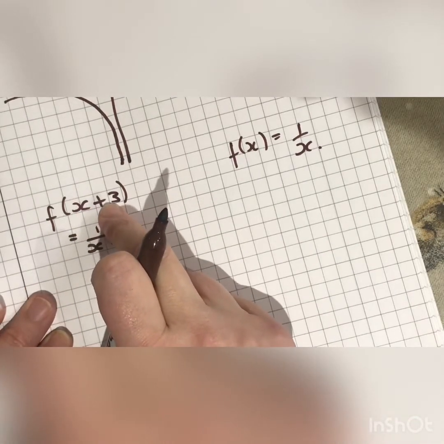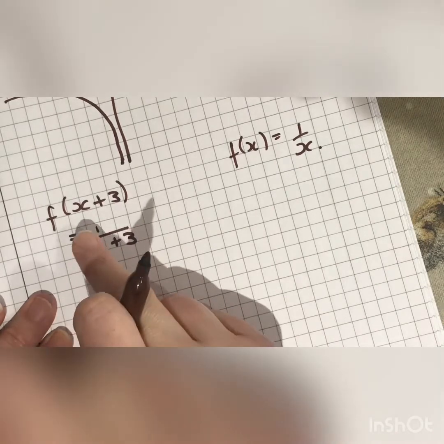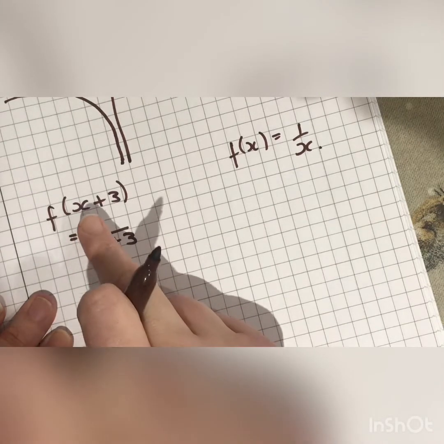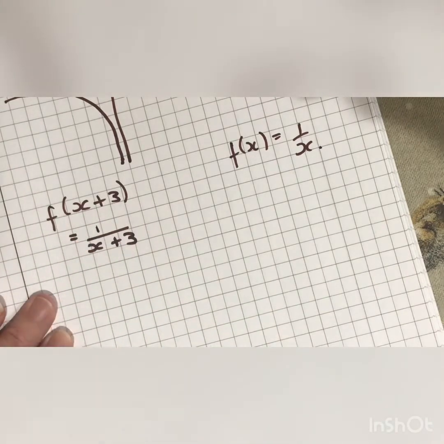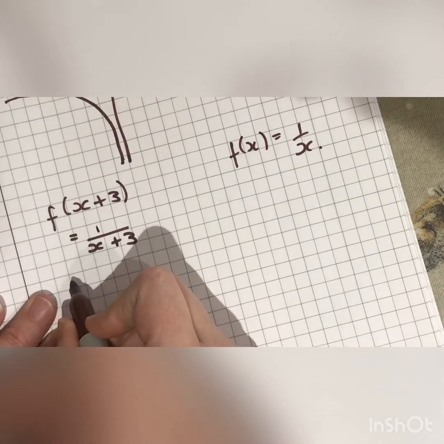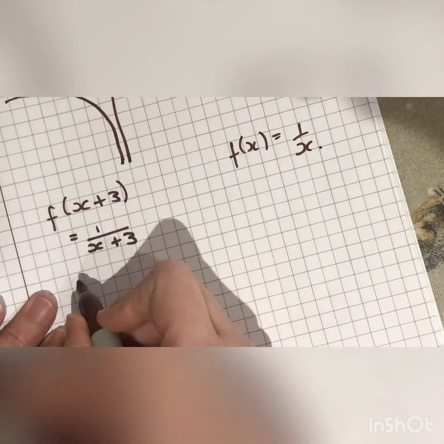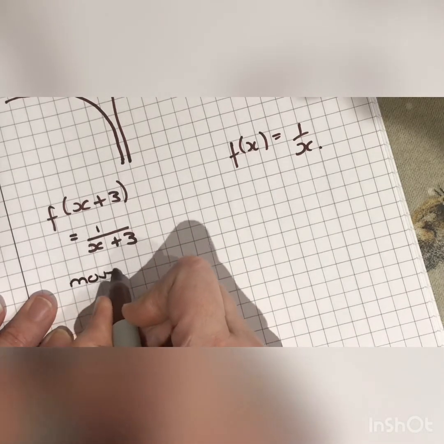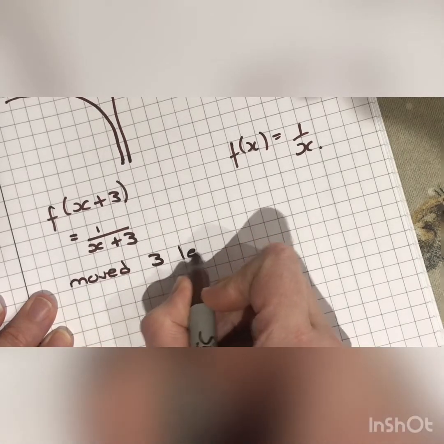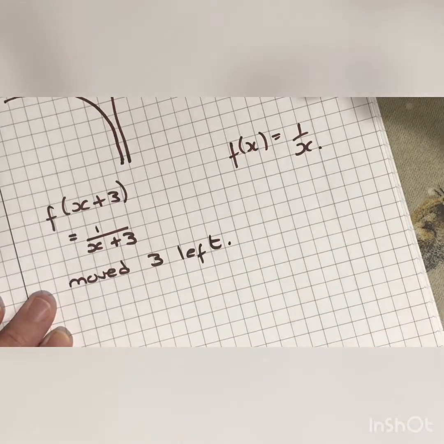They're affecting the inputs. Now we know that when we affect the inputs, we do the opposite of what's in the bracket because it becomes like solving an equation. So this means that all of the x units have moved 3 to the left. It's plus 3 does the opposite and moves 3 left.